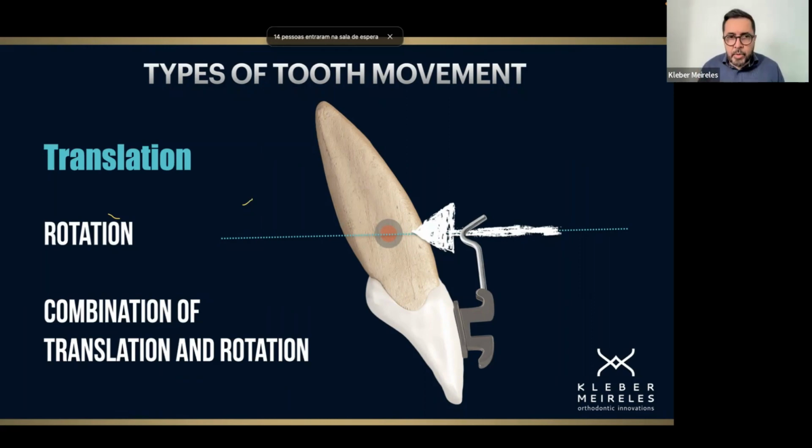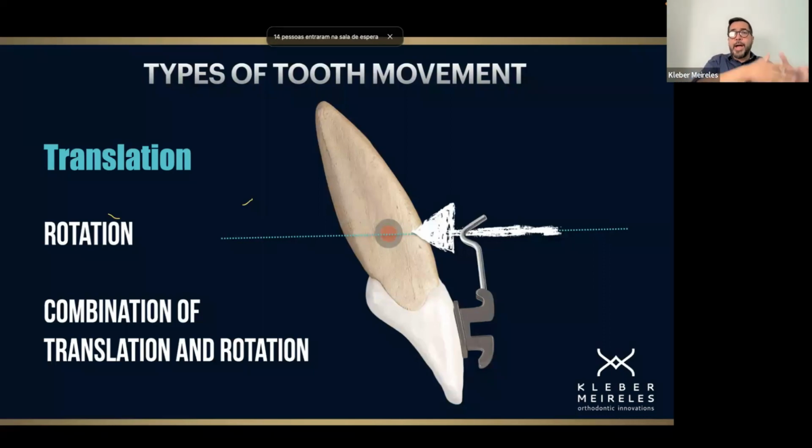It is good in most of the situations because when we do that, we are spreading the force along the periodontal ligament of our teeth, group of teeth, or specific tooth, if we're moving just one tooth. So this is good for us in many cases because we are not concentrating the force in the apex or close to the crown.